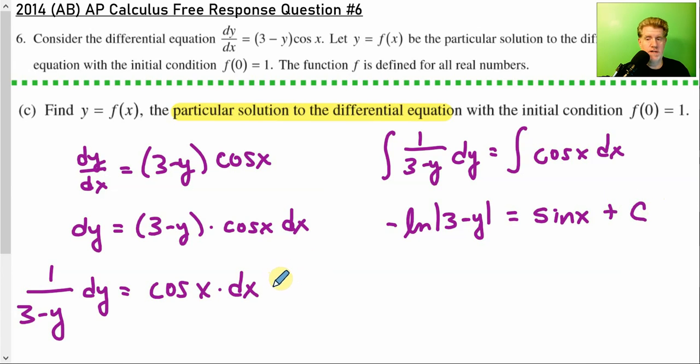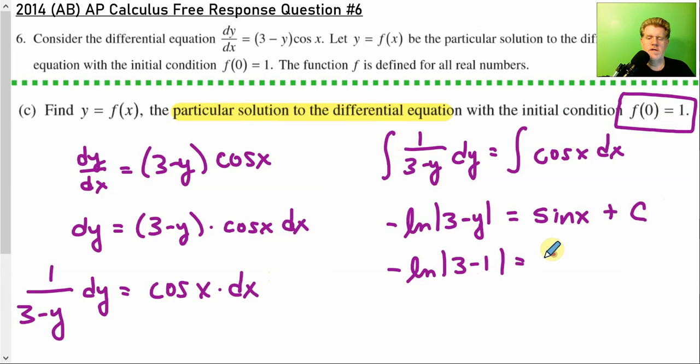Now, you know me, I like to plug in the numbers right away so I don't have to deal with any crazy solutions for c. So right now, I'm going to let x equal 0 and y equal 1. So I end up with the natural log of 3 minus 1 equals the sine of 0 plus c.